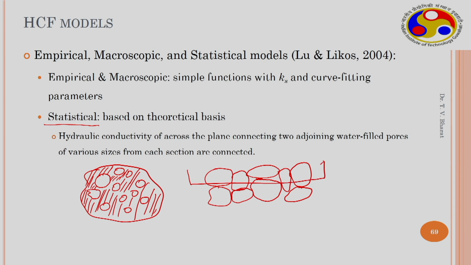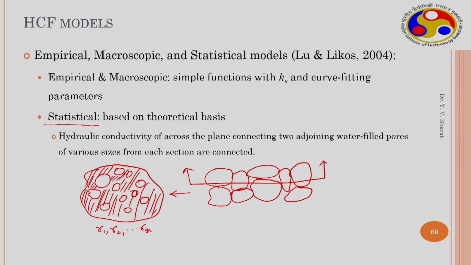When I consider the cross section at any given place, you have several pores designated by say R1, R2, R3, which are distributed. Here we consider circular pores, and then we consider the probability of connecting one soil pore with the adjoining water filled pore.